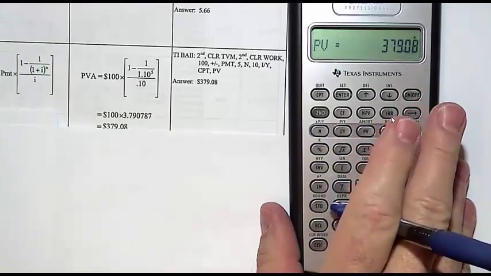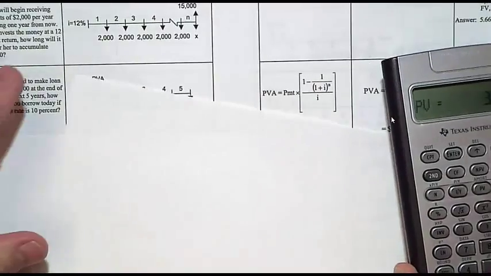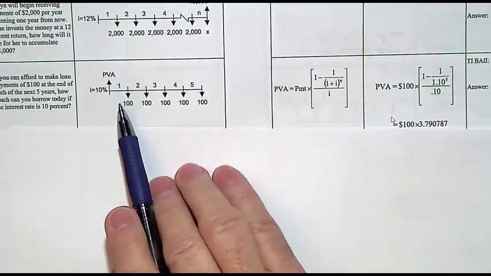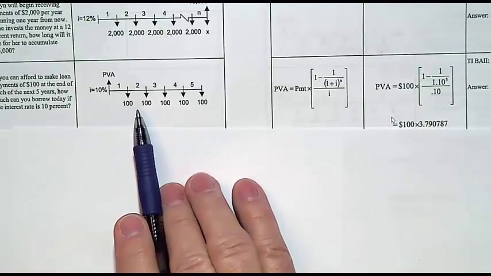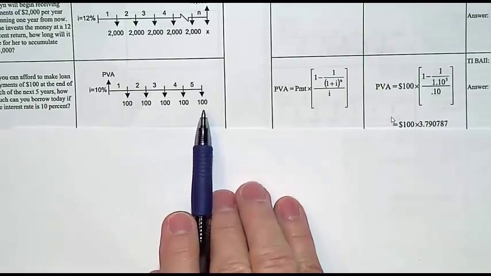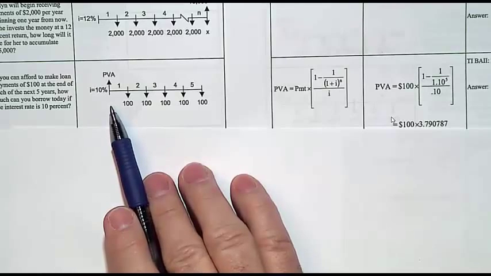Now again, we might want to ask ourselves, does this number make much sense? Well, if we look back at the payment structure, the payment structure says $100 per year for 5 years. How much is it worth today? Well, if it were discounted at 0%, we would have $500 discounted back to the present, and discounted at 0, would end up being $500.